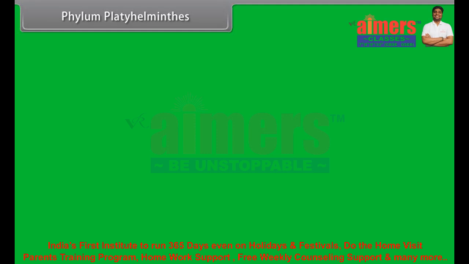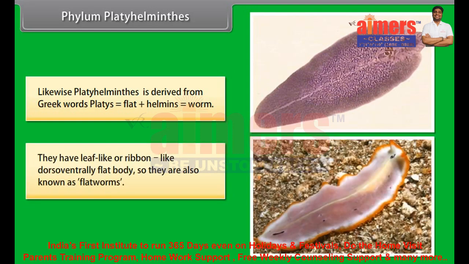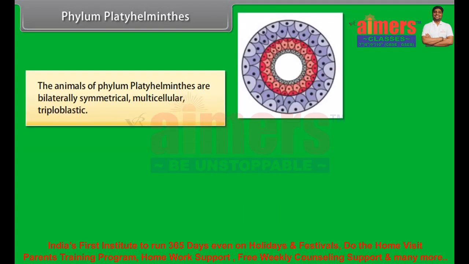Phylum Platyhelminthes. Likewise, Platyhelminthes is derived from Greek words platys, flat, plus helminths, worm. They have a leaf-like or ribbon-like dorso-ventrally flat body, so they are also known as flatworms. The animals of phylum Platyhelminthes are bilaterally symmetrical, multicellular, triploblastic.